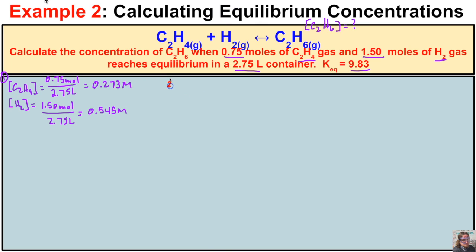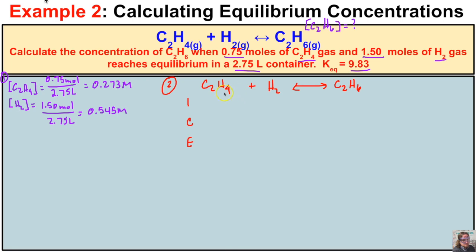So in step 2, we see that C2H4 is reacting with H2 gas, and this is in equilibrium. And our product is C2H6. So we have to start with our initial concentration, the change in concentration, and our equilibrium concentration.